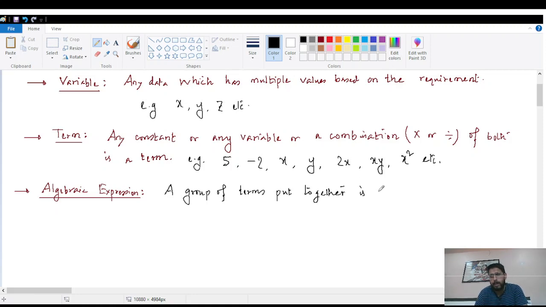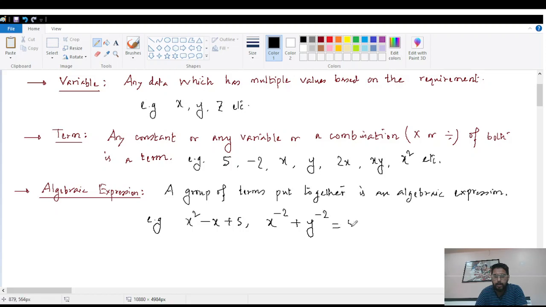So whenever all these terms are put together, we call it an algebraic expression. For example, x square minus x plus 5, or x to the power negative 2 plus y to the power negative 2 equal to 5, etc. All of these are examples of algebraic expression.